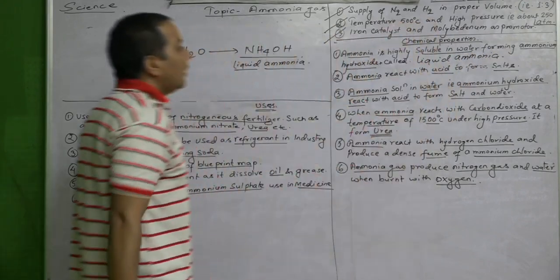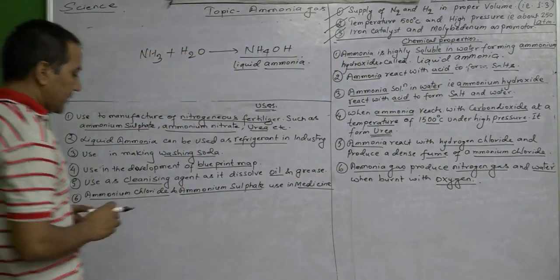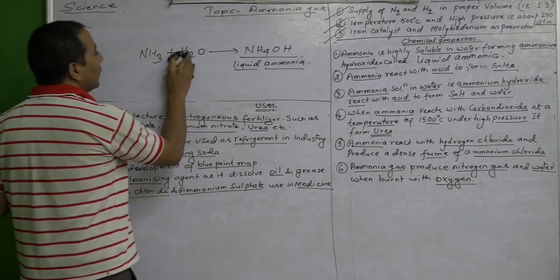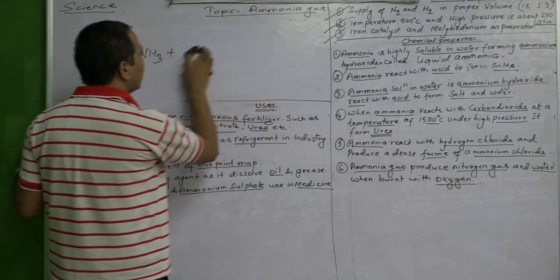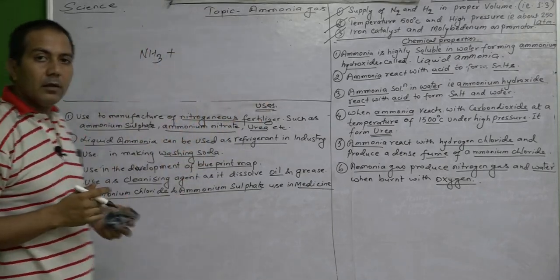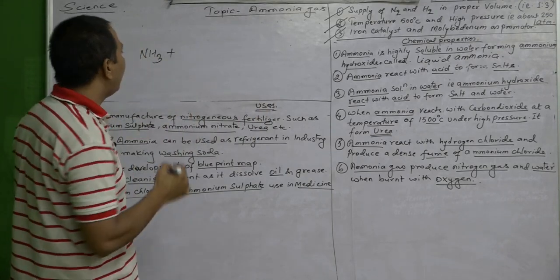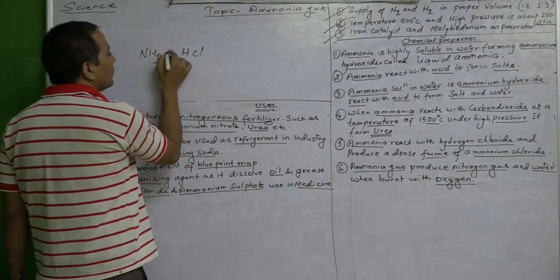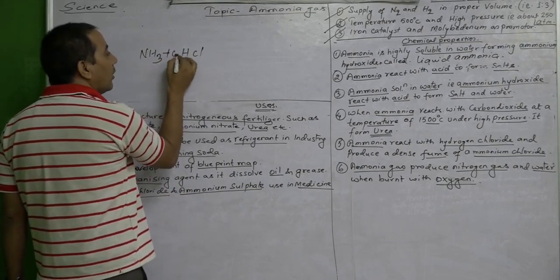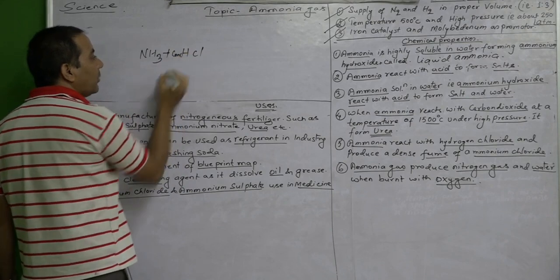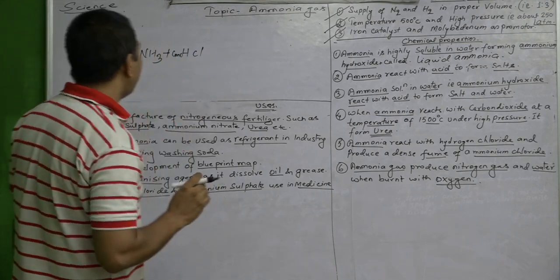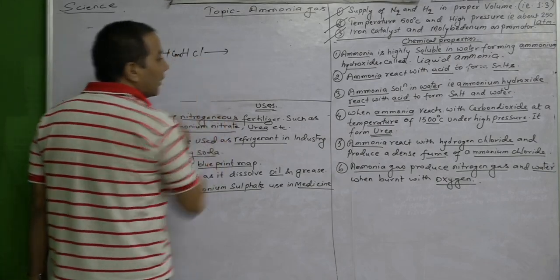Okay, now comes the next one. When ammonia reacts with acid HCl, in our test also, I told you the example of testing of ammonia, isn't it? The testing of ammonia is done by dipping what?